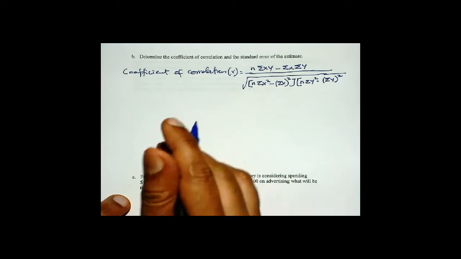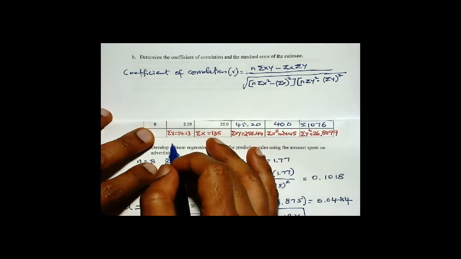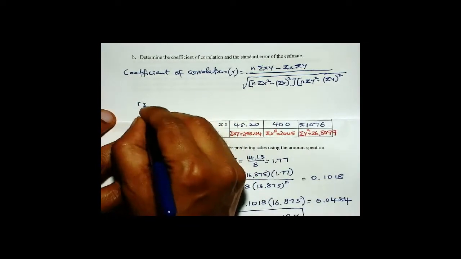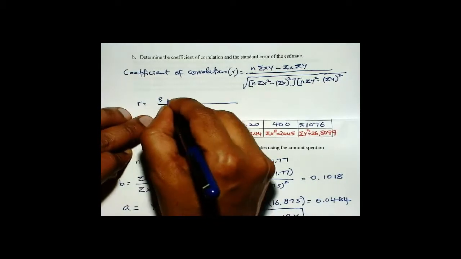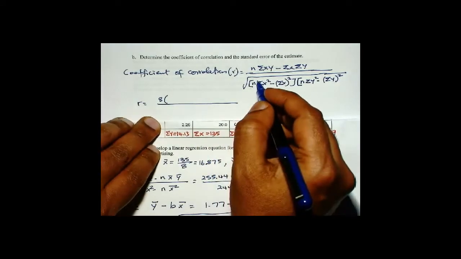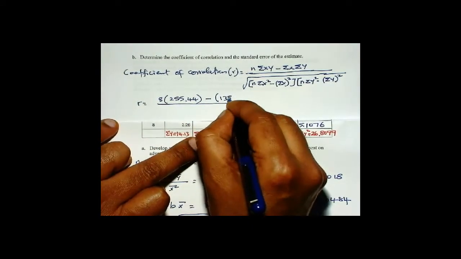So from the previous page, we already have all the information that we need. R, you have to just simply plug in. So n is 8 times sum of x times y, which is 255.44, then minus sum of x, 135, times sum of y, 14.13.